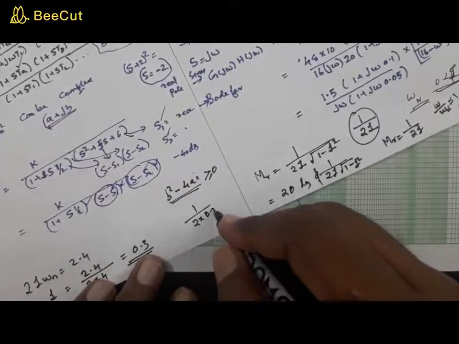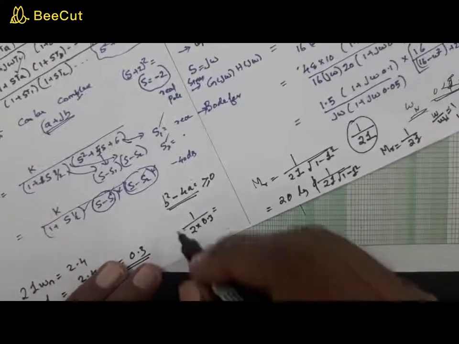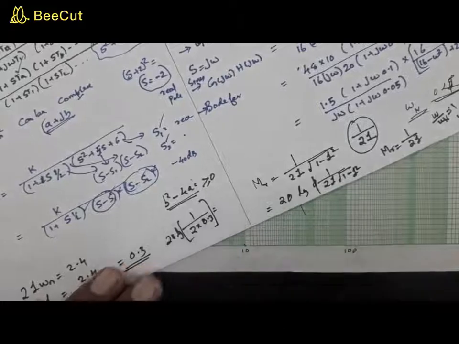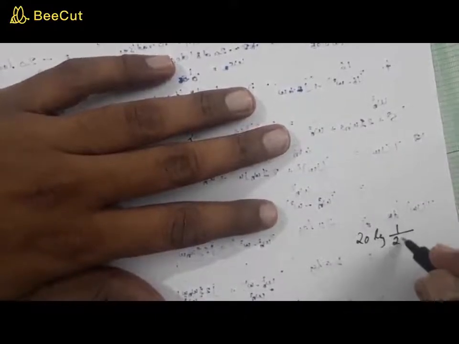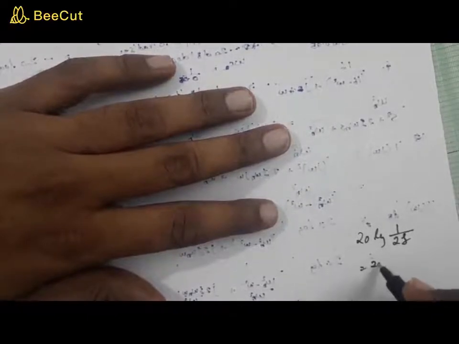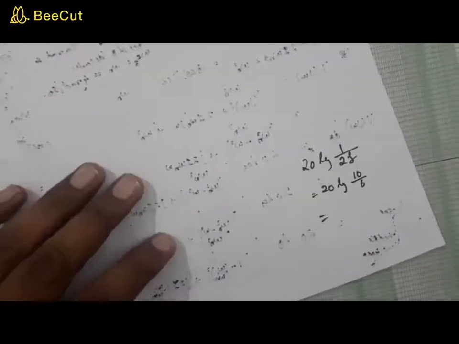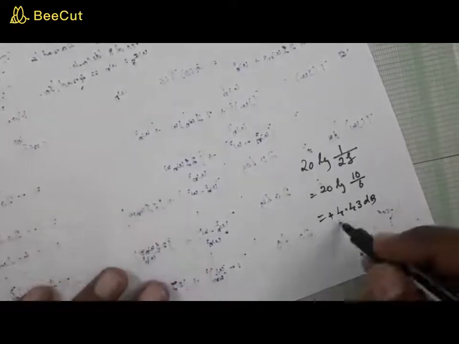But you need to express that in decibel, so you can find that value: 20 logarithm of 1 by 2 zeta is equal to 20 logarithm of 1 by 2 into 0.3, that is 10 by 6, and you can find it to be 4.43 decibel. So this is plus 4.43 decibel.